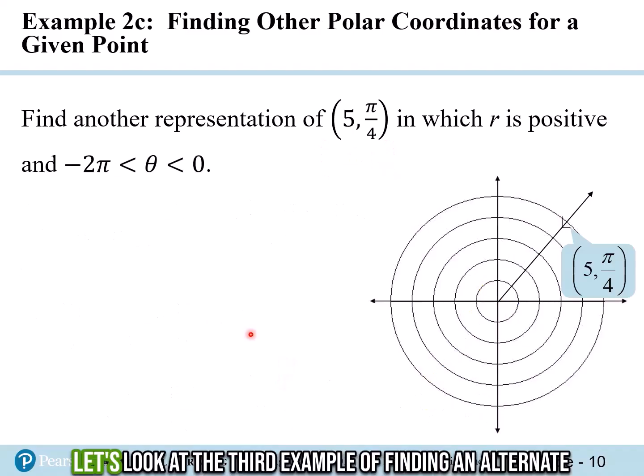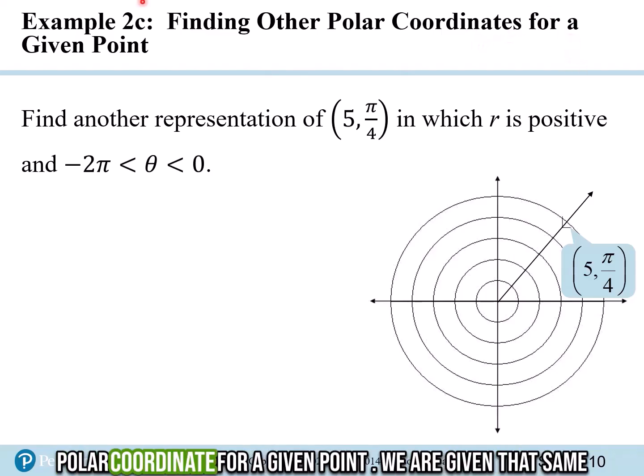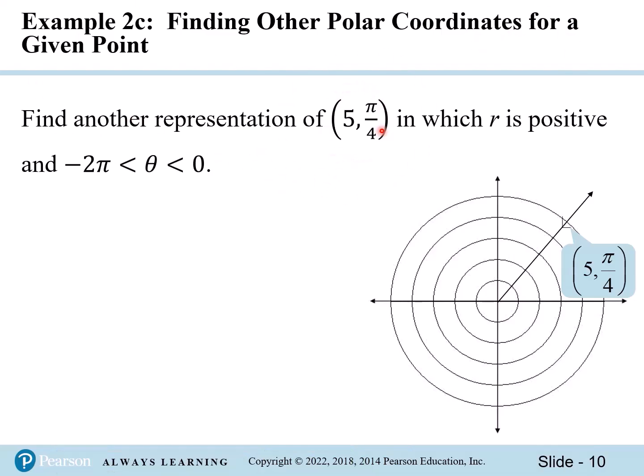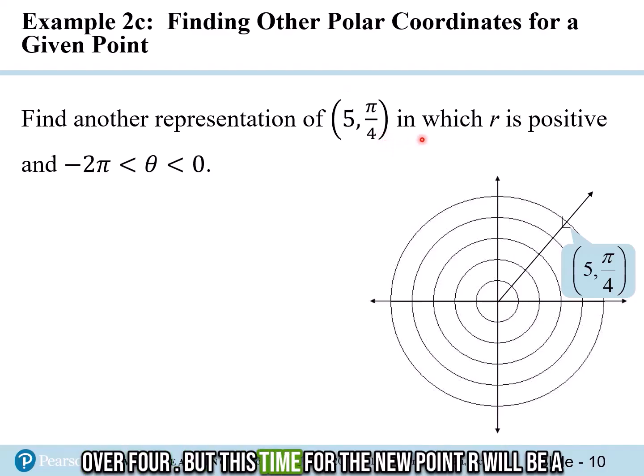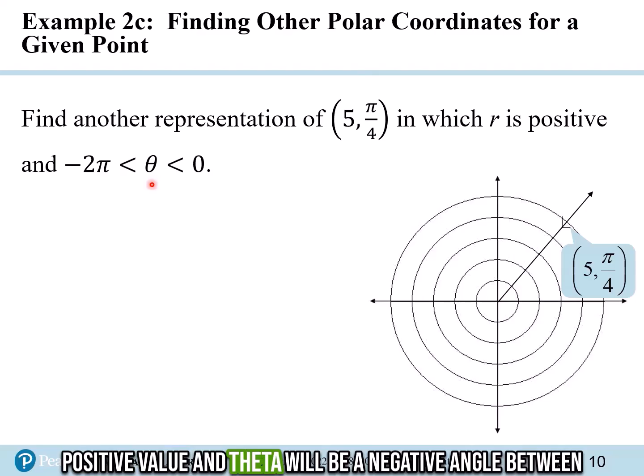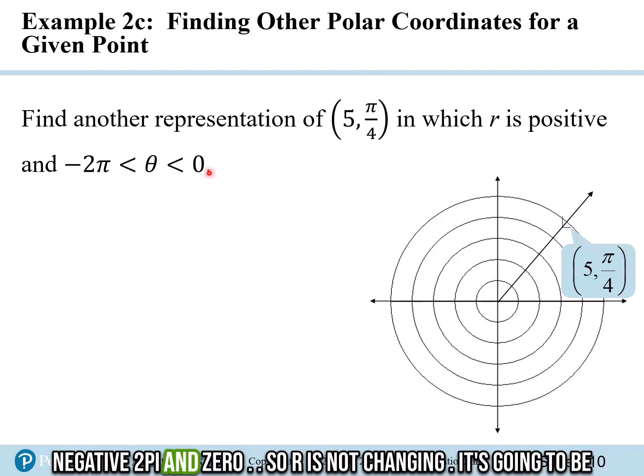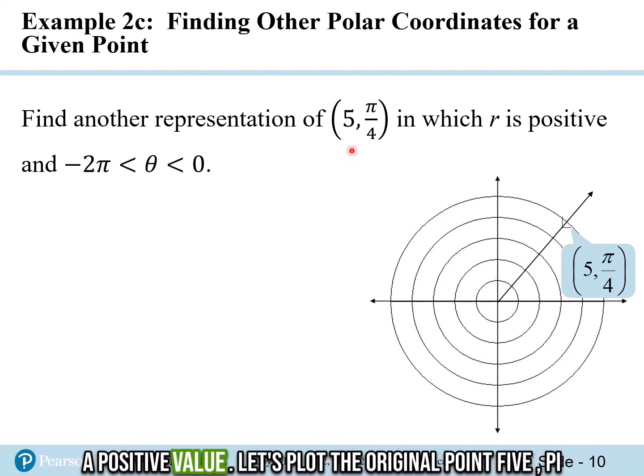All right. Let's look at a third example of finding an alternate polar coordinate for a given point. We are given that same point 5 comma pi over 4, but this time for the new point r will be a positive value and theta will be a negative angle between -2 pi and 0. So r is not changing, it's going to be a positive value.